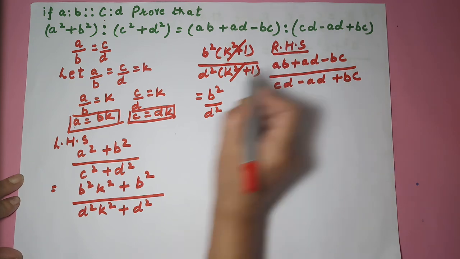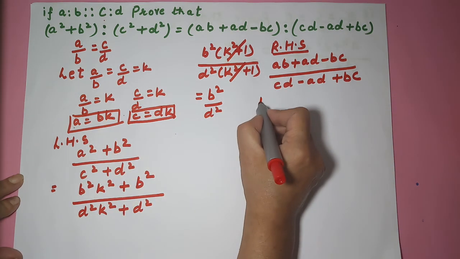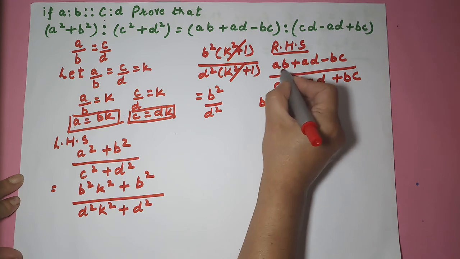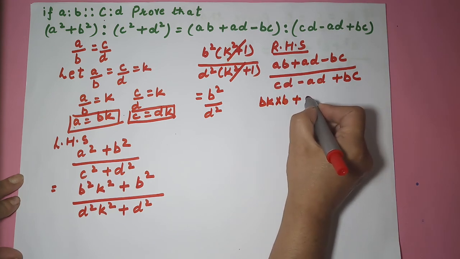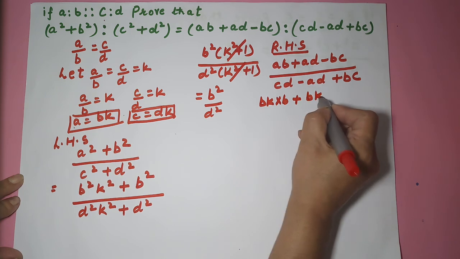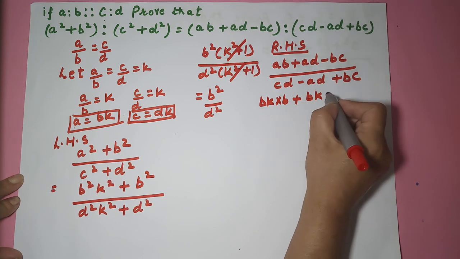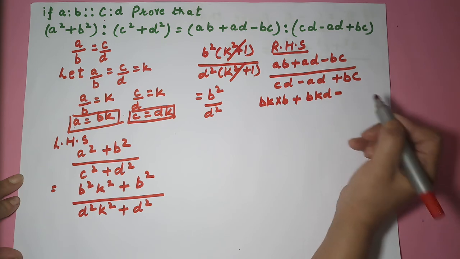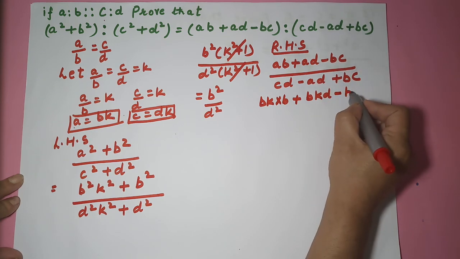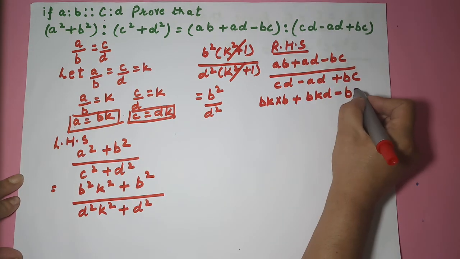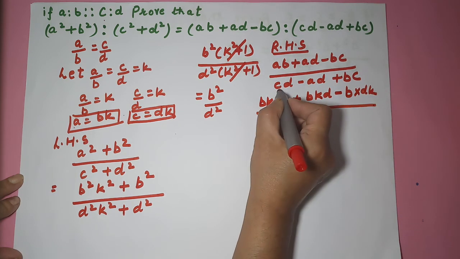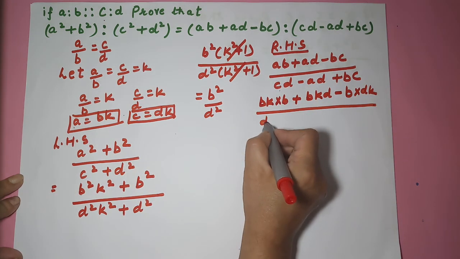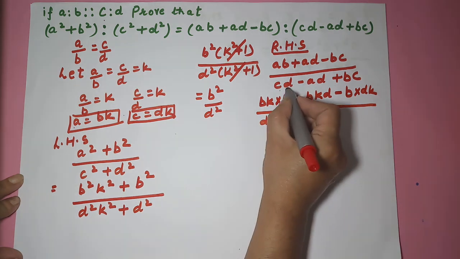So now A is BK and there is one more B here. So I'll write it as it is. Plus A is BK and then D. I don't have to touch this. Minus B is B. I don't have to touch this. C is DK. In the denominator, C is DK. And then there is one more D here.